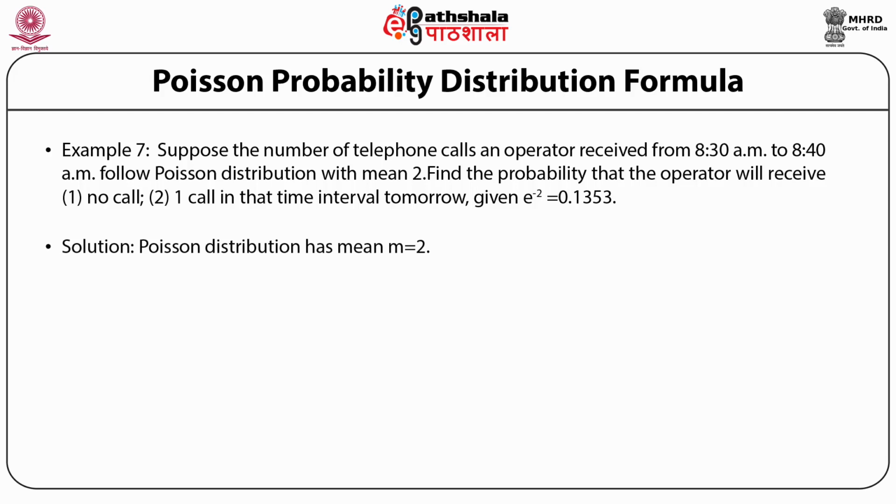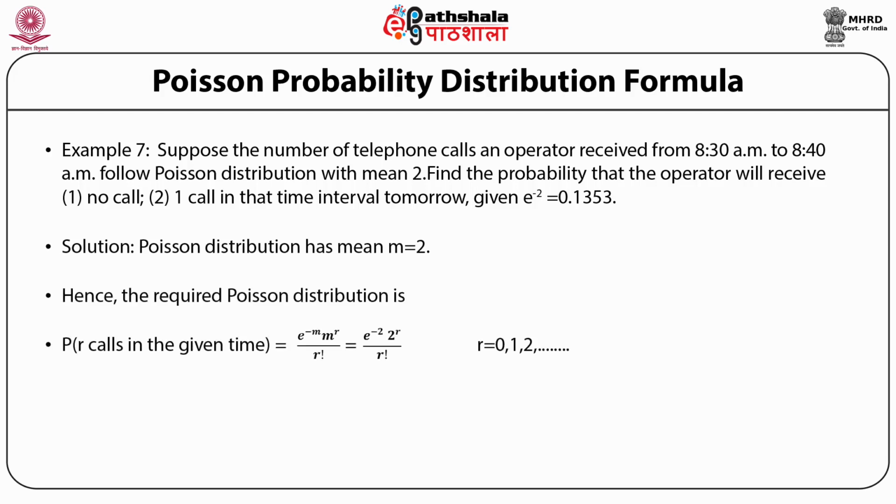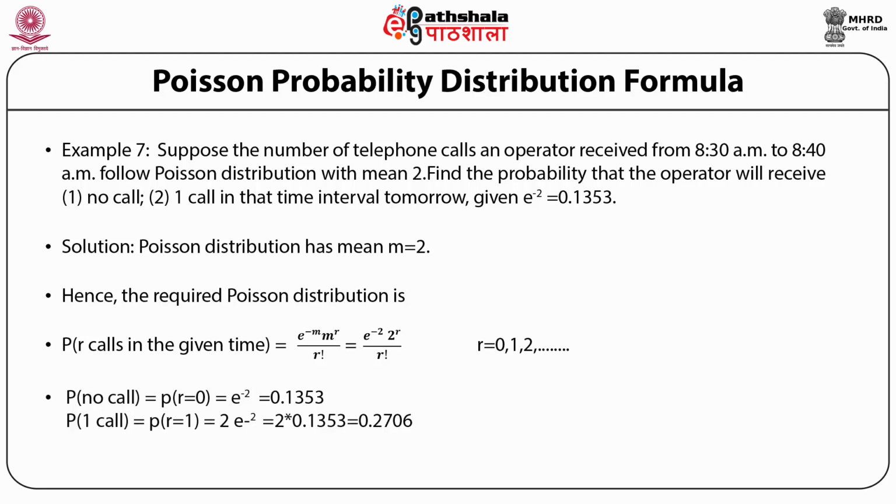Poisson distribution has mean m equal to 2, hence the required Poisson distribution is: probability number 1 that no calls have been received is probability that r is equal to 0.